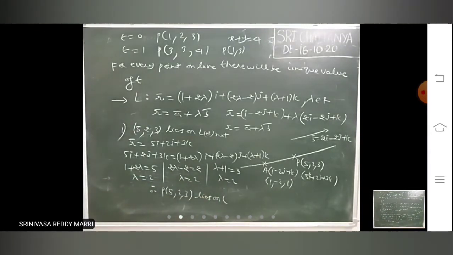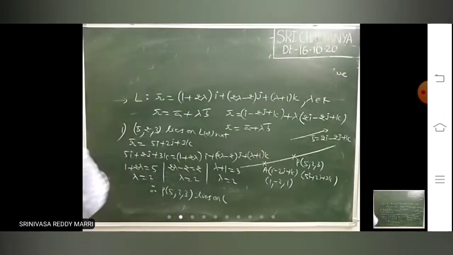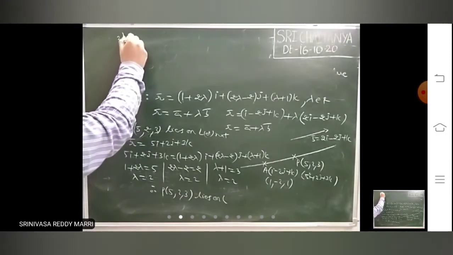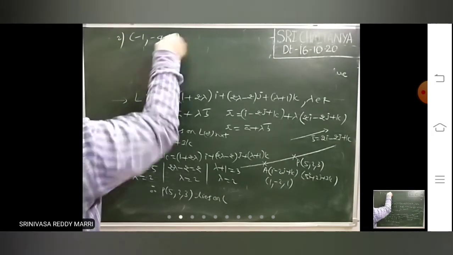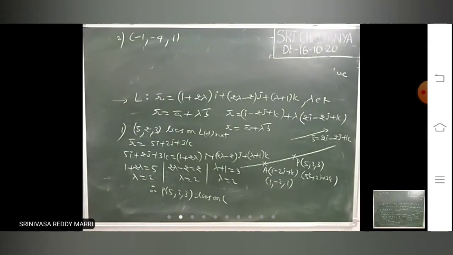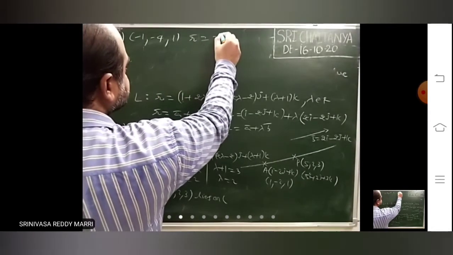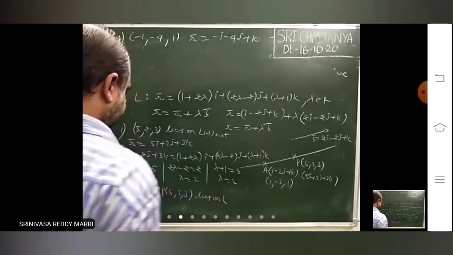Suppose look at another point, whether it lies on the line or not. Suppose I am giving another point: (minus 1, minus 4, 1). I have to check whether that point lies or not. So R bar is nothing but minus i minus 4j plus k, the position vector.